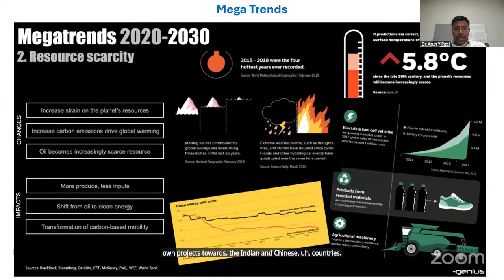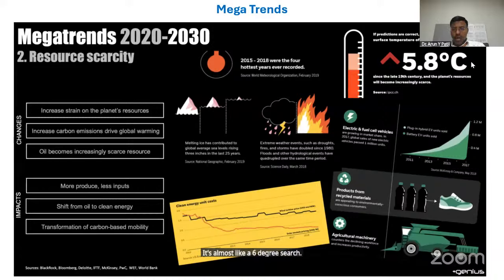The other aspect which is causing an issue is related to the temperature rise. You might have seen in recent days there is a lot of surge in temperature, especially from the 19th century till now. If you look, it's almost a 6 degree surge.